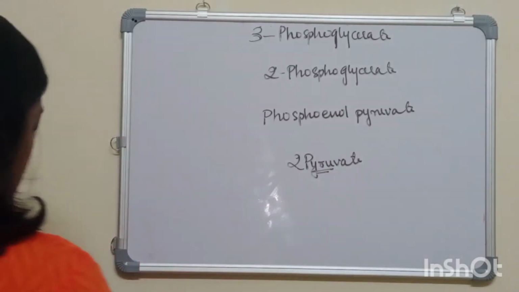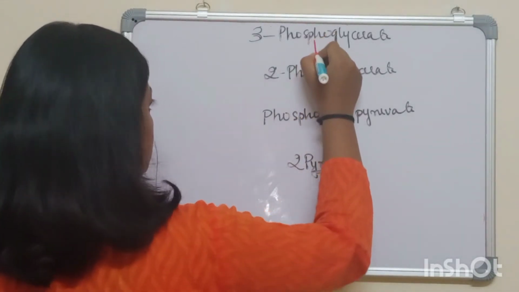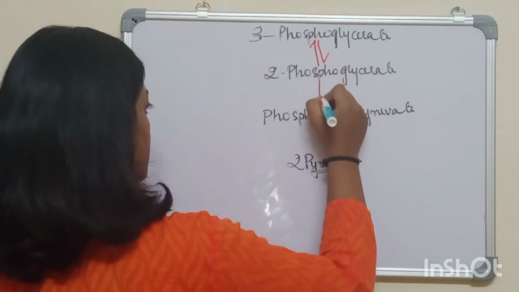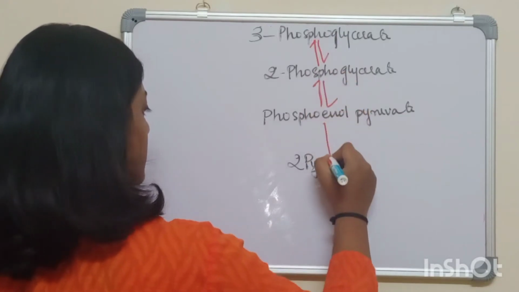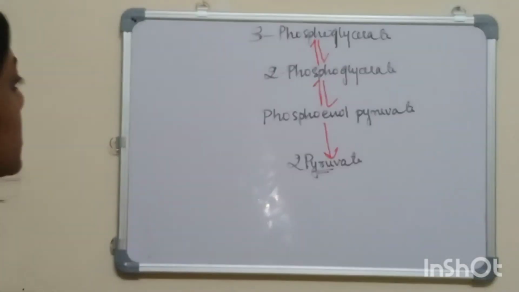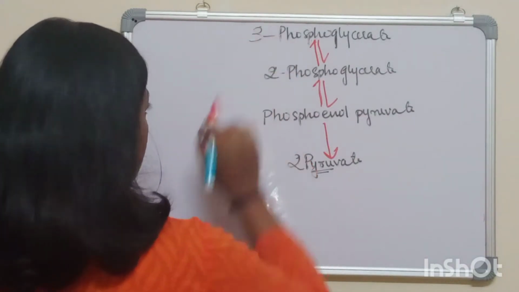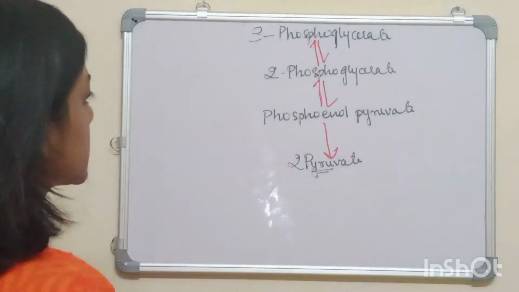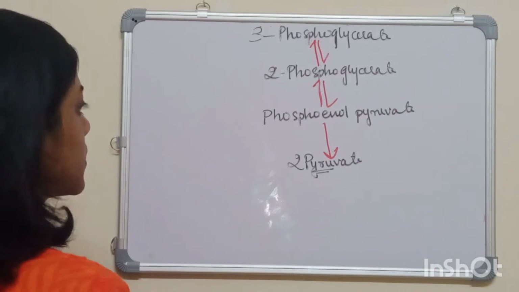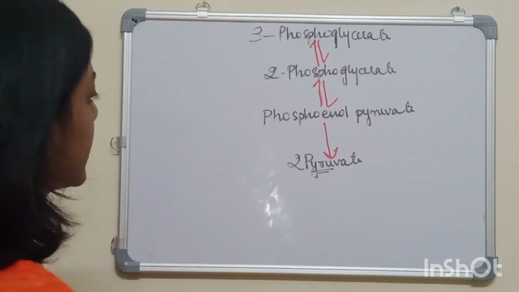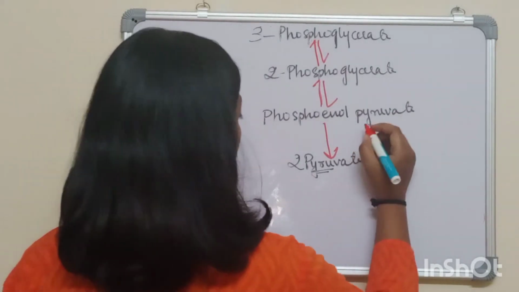So 3-phosphoglycerate gets converted into 2-phosphoglycerate, then 2-phosphoglycerate gets converted to phosphoenol pyruvate, and phosphoenol pyruvate gets converted to pyruvate.